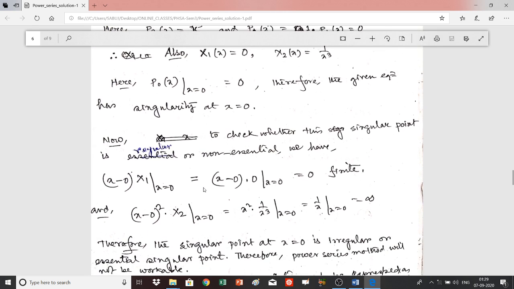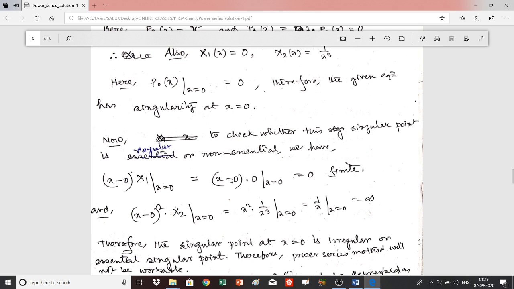To do this, we first have to find out x minus a into x1 at x equal to a. Here a is equal to 0, so it would be x minus 0 into x1 at x equal to 0, and we have to find out this value.